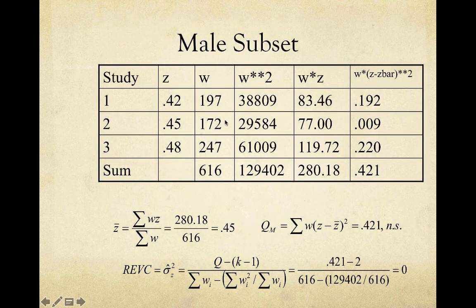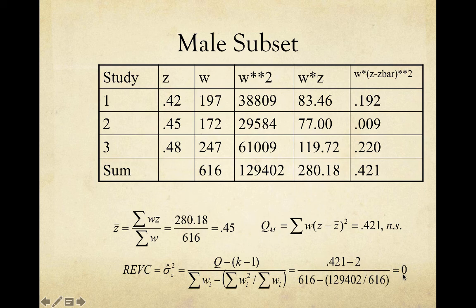Let's continue with the example. Our male studies give us these data, and we've got a weighted mean of 0.45, a weighted sum of squares of 0.421, and 2 degrees of freedom. 0.421 is less than 2 degrees of freedom, so that's not going to be significant. Here we take 0.421 and subtract 2, and that gives us a negative number.